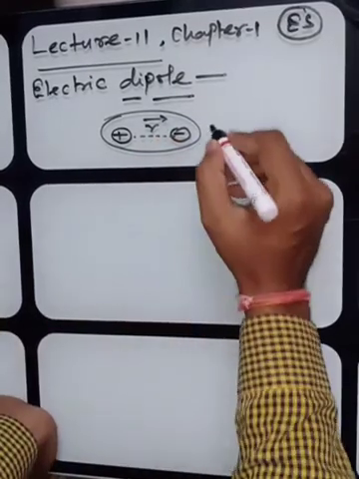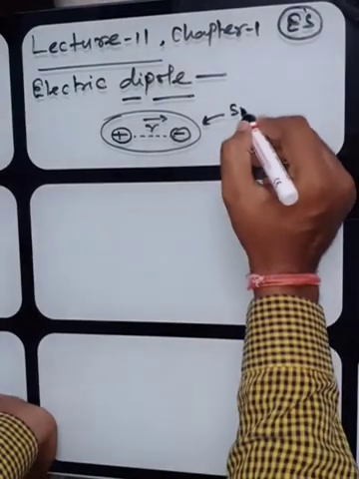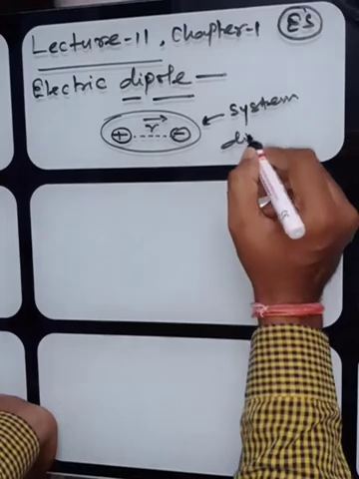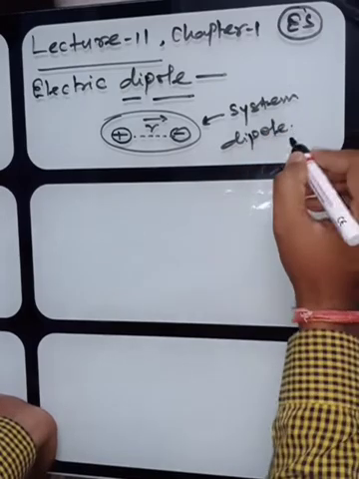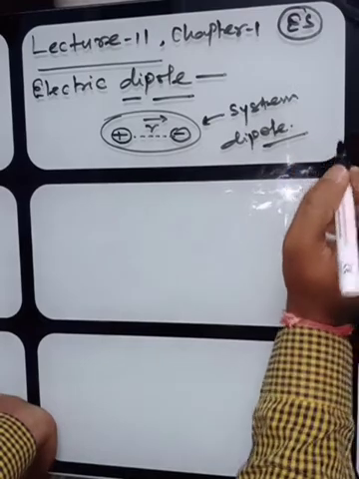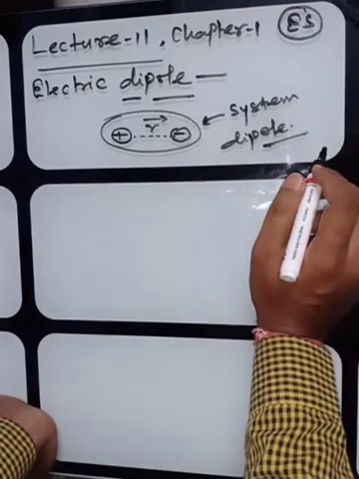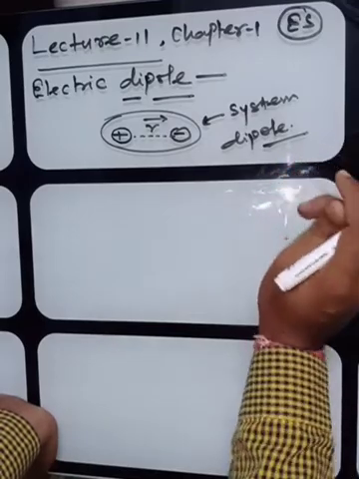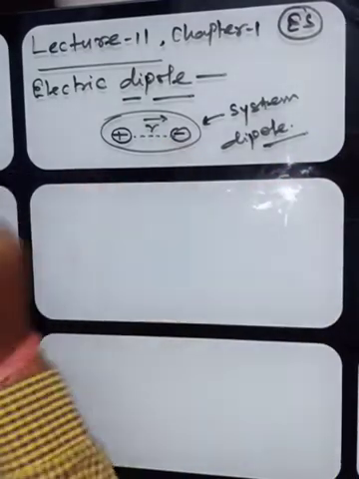Such a system is called a dipole. Which type of dipole? Electric dipole. We will study the magnetic dipole also in other chapters later on. Here we are talking about the electric dipole.